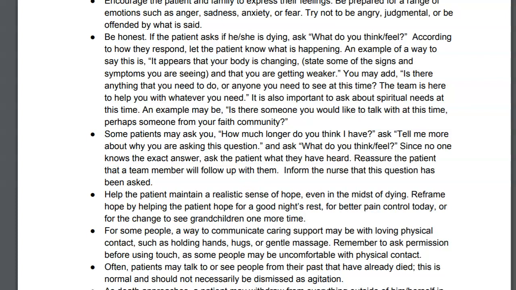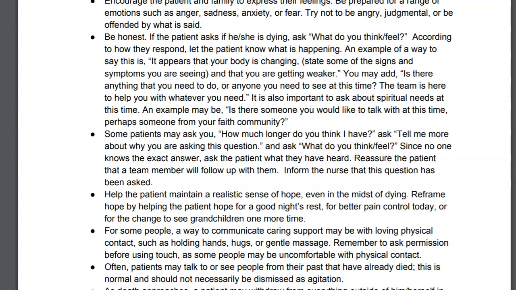And if they do, you can ask, "Tell me more about why you are asking this question. What are you thinking? What are you feeling?" Since no one knows the exact answer, ask the patient what they have heard. Reassure the patient that a team member will follow up with them and inform the rest of the healthcare team that this question has been asked.